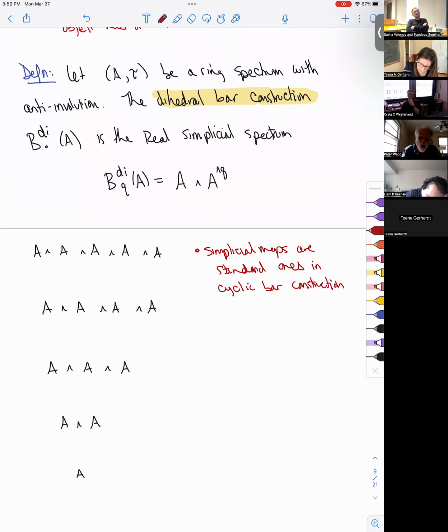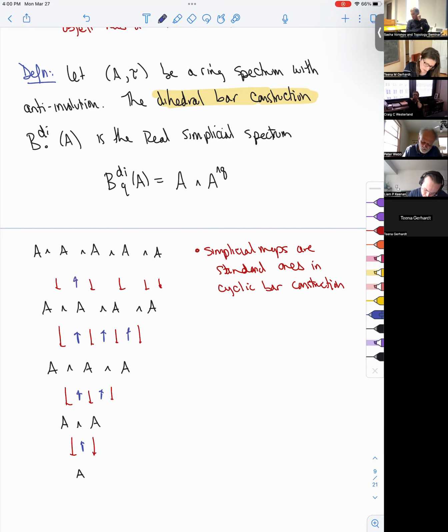So exact same definition as earlier for my face and degeneracy maps. Let me just draw those in. So my picture is so far looking just like the cyclic bar construction.